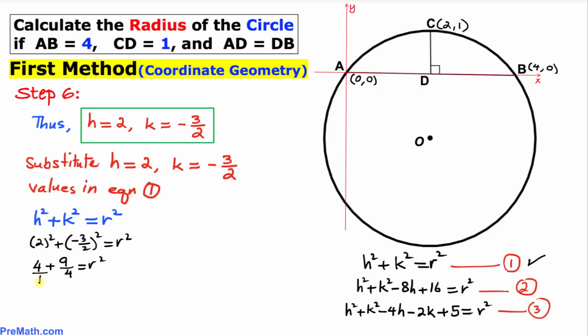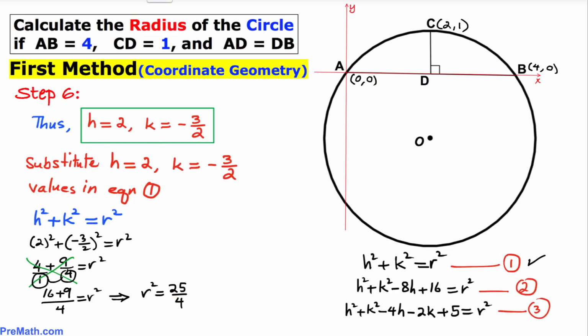Let's put 1 underneath and crisscross this one over here. So that is going to give us 4 times 4 is 16, plus the other way is going to be a 9, and we're going to multiply these denominators, divided by 4 equal to r square. That means r square equals 25 over 4.